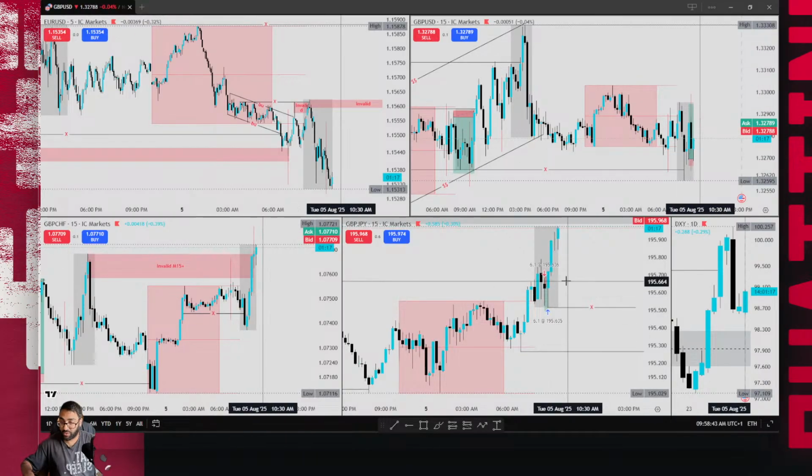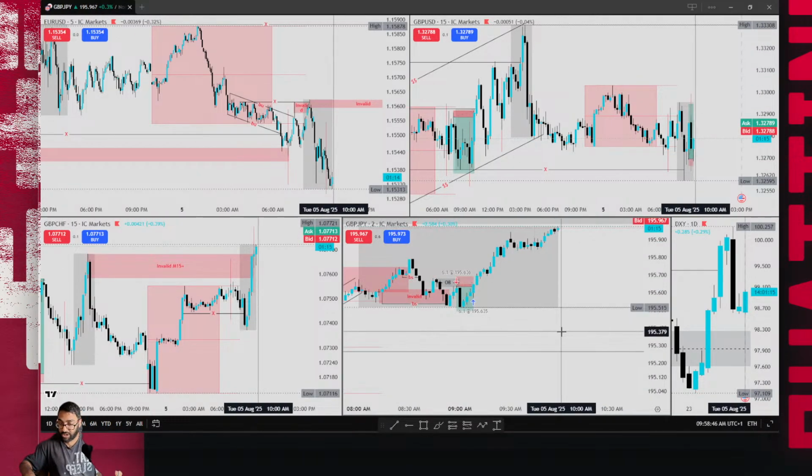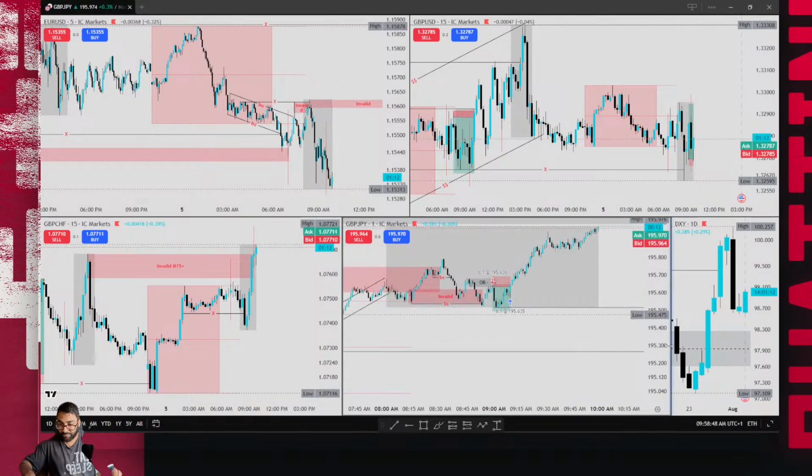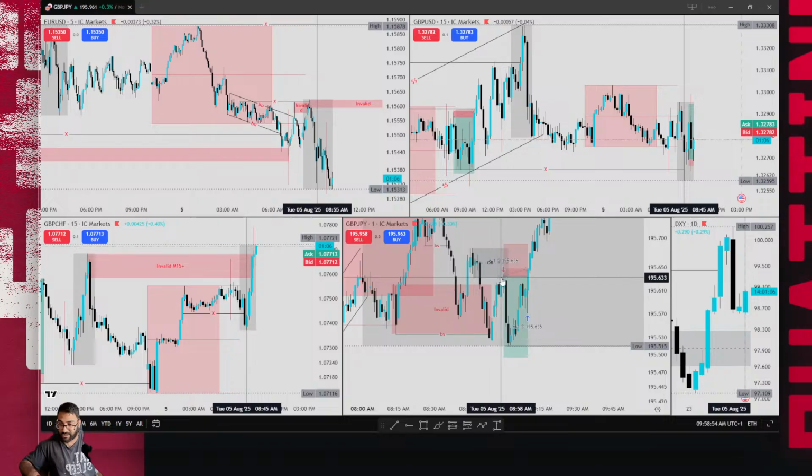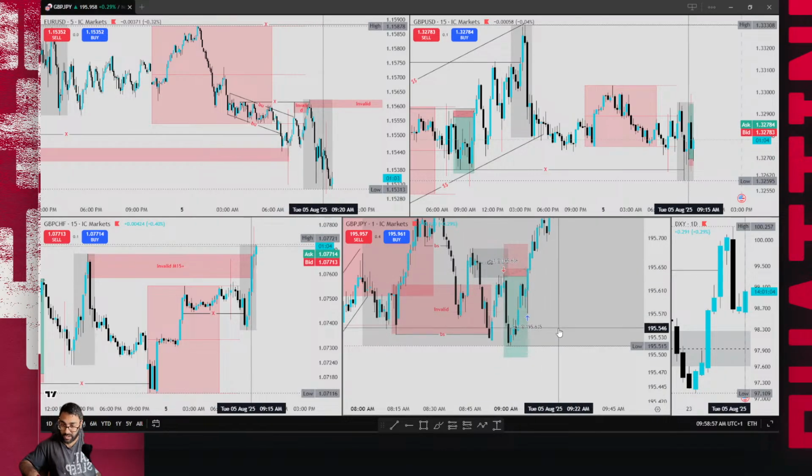And then I took GJ shorts right here. It was on the stream, I took it live. Price tagged in here. You can see my entry on TradingView. There's my entry. 1, 2, 3 minutes break even.